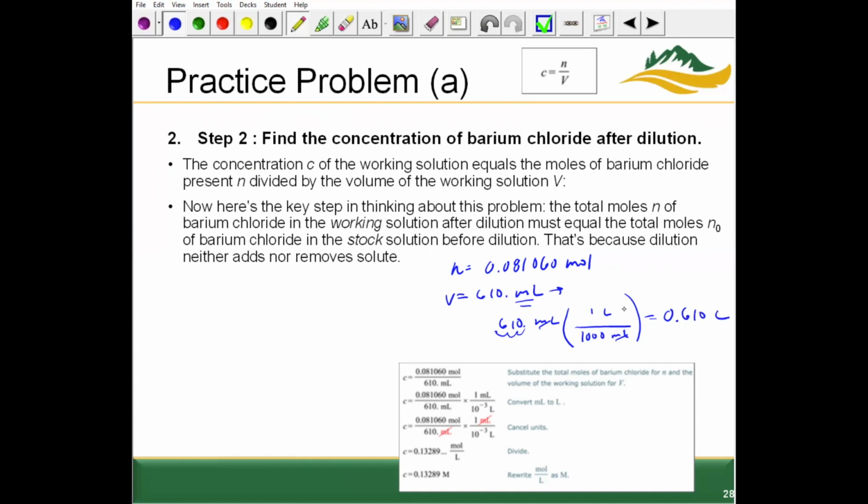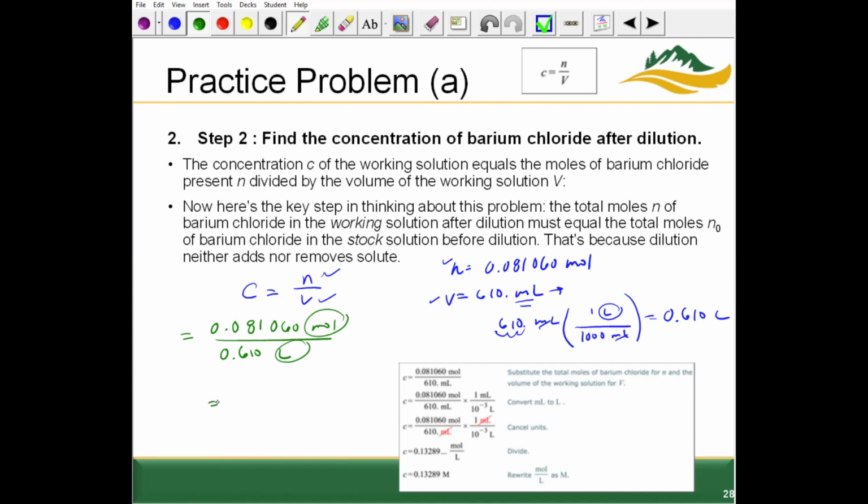gives 0.610 liters. All right. So now we have the number of moles and the volume of our working solution, or post-dilution solution. From the formula N over V, we have a value for N and a value for V, so we can plug these in: 0.081060 moles per 0.610 liters. Now we are going to get a molarity as our concentration.